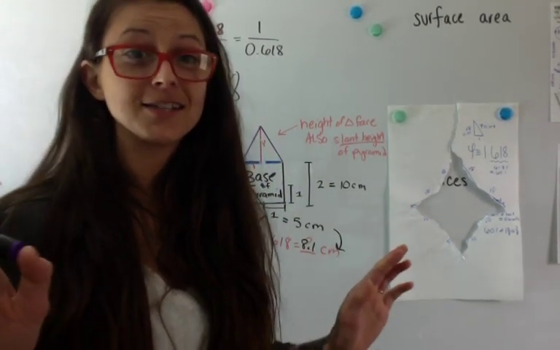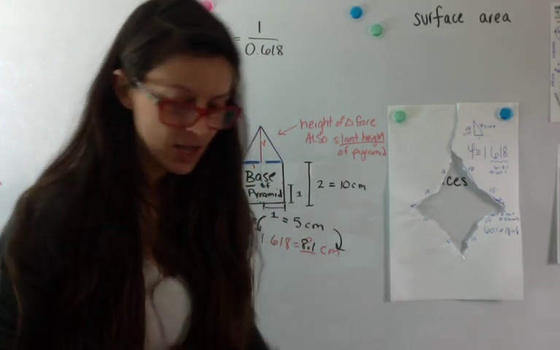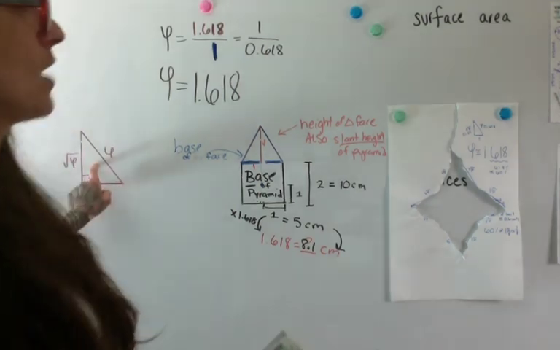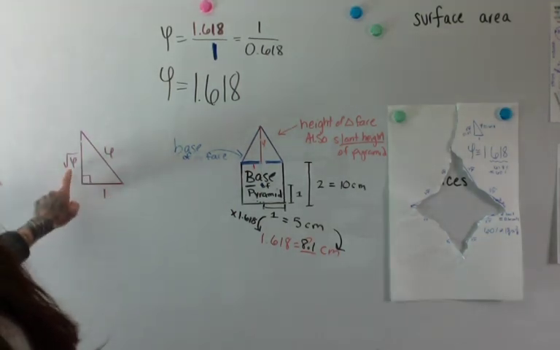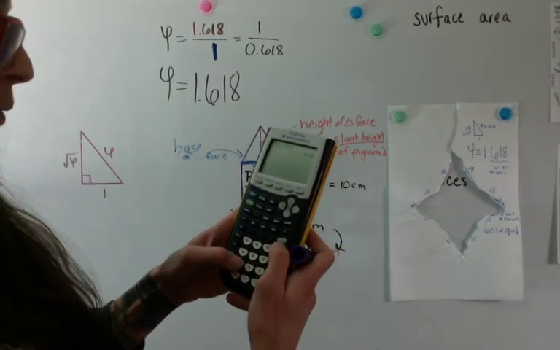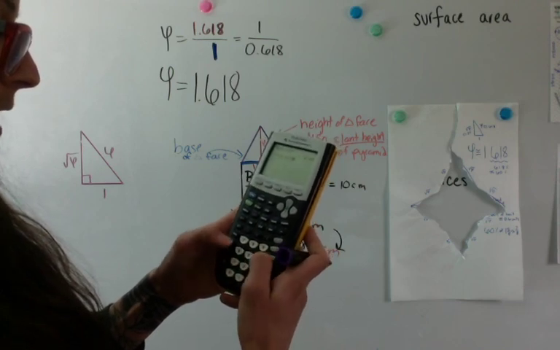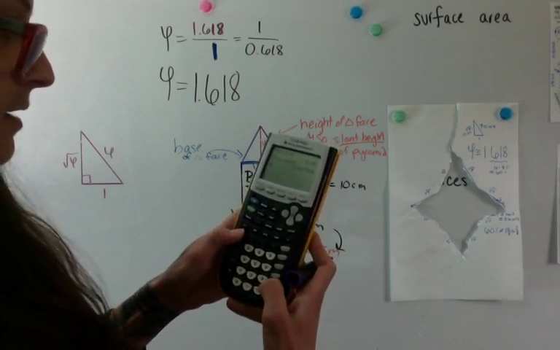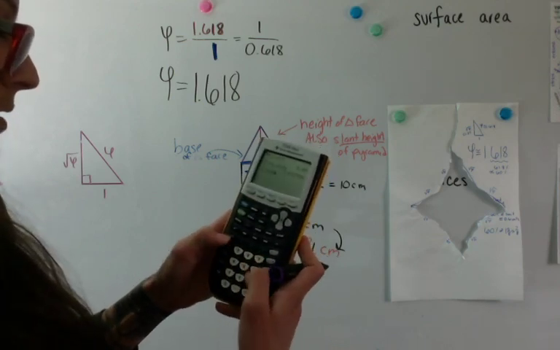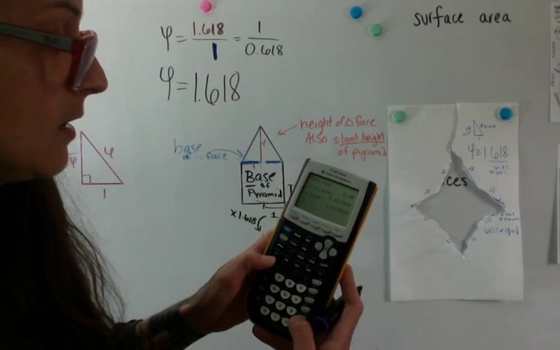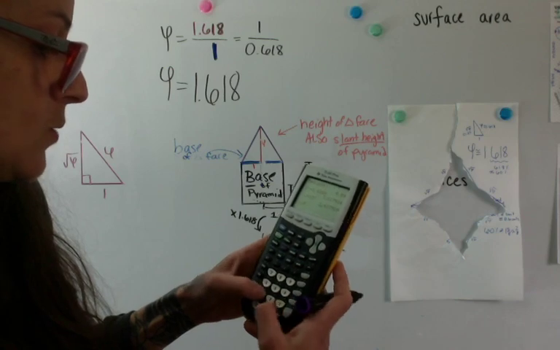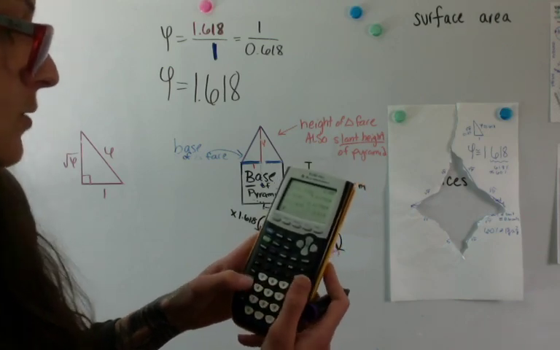Now, I honestly just got to a moment where I'm like, did I do that right? So let's check, okay? And I don't think I did, because here I'm showing you guys that it's 1 squared plus the square root of phi squared equals phi squared. So 1 squared plus 1.618 squared is 3.617. And then what is phi squared? 1.618 squared. So it's because I need to do 1 plus 1.618 is 2.617.